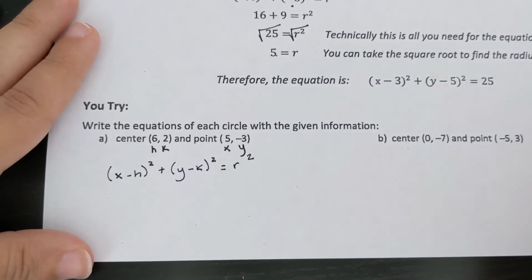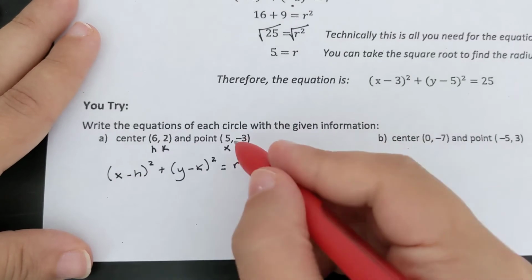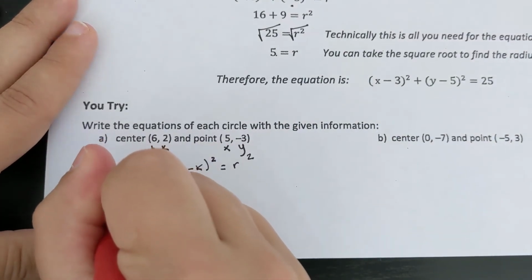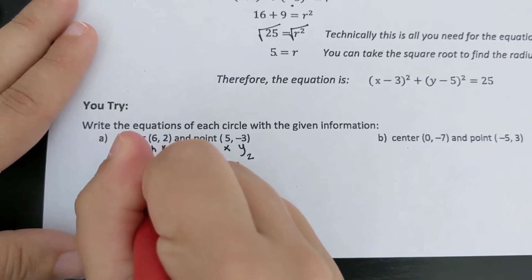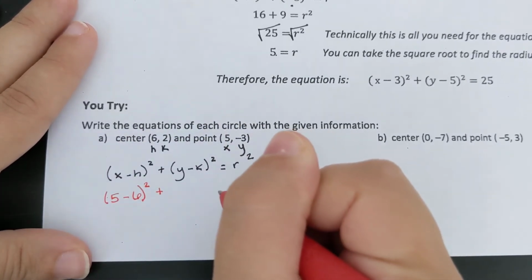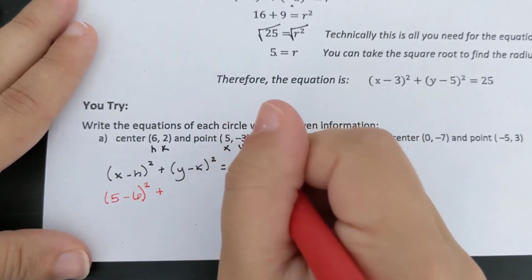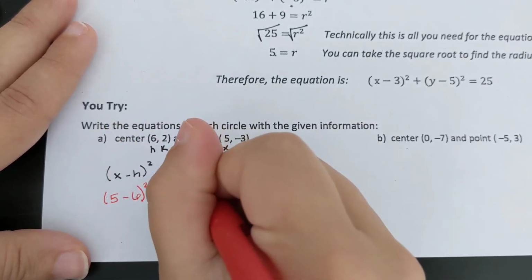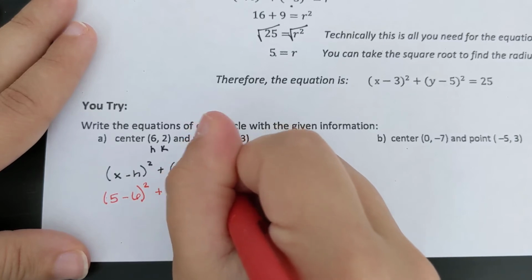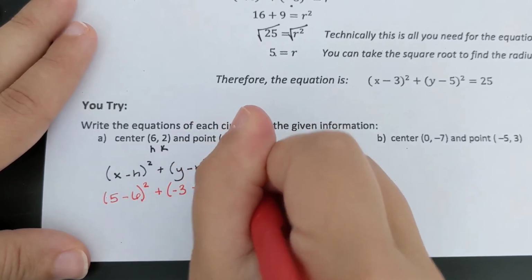So that's standard form. x is 5, so I'm going to plug in 5, minus h, which is 6, squared, plus y, which is negative 3, minus k, which is 2, squared, and it still equals r squared.